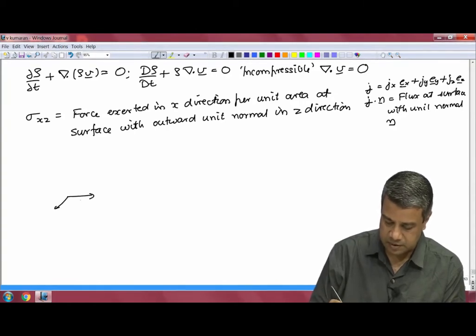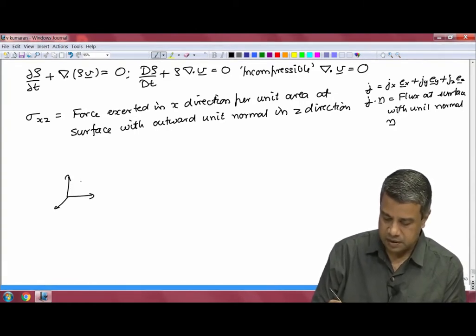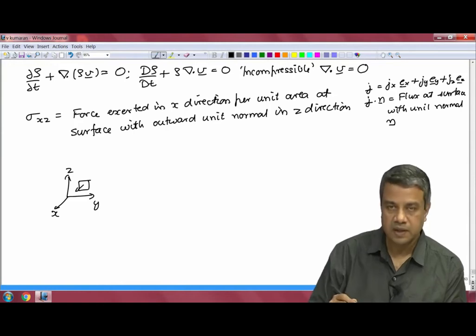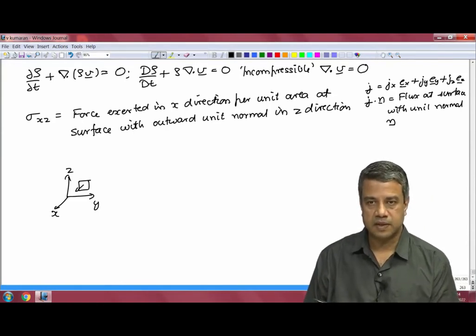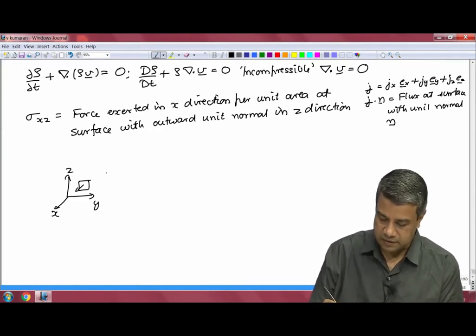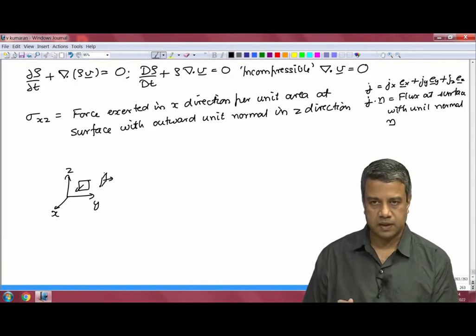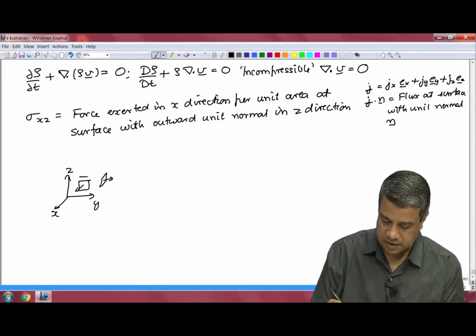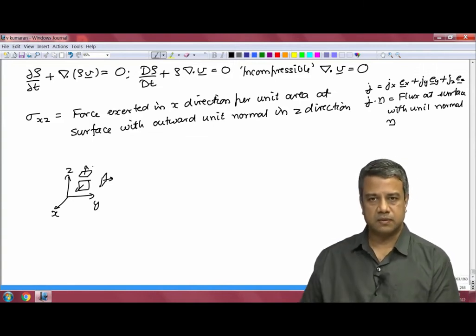If I look at the flux in a 3-dimensional coordinate system, and I have a surface perpendicular to the x direction, the flux across that surface will be jx. If I have a surface perpendicular to the y direction, the flux across that will be jy, and if a surface has outward unit normal in the z direction, the flux across it will be jz.